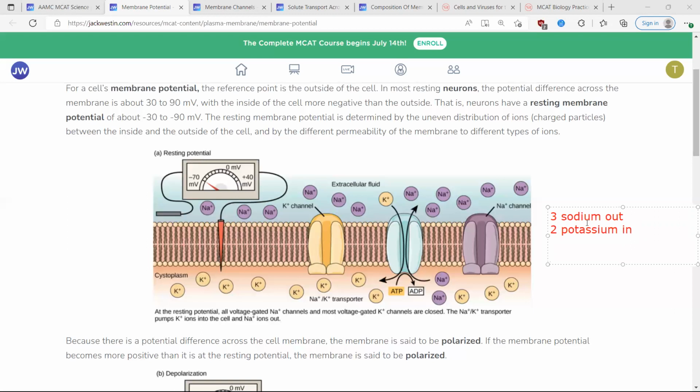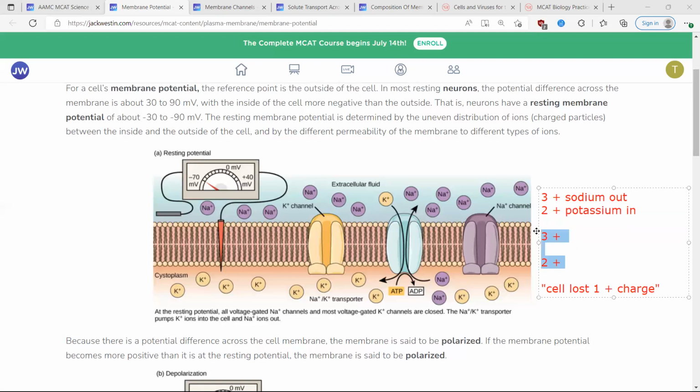So in a sense, you can think of it as if 3 positive is going out and 2 positive is coming in, then that's kind of like a net loss for the cell. The cell lost 1 positive charge. You see what I'm saying? If 3 positively charged sodium comes out and 2 positively charged potassium comes in, then overall the cell lost a positive, right?